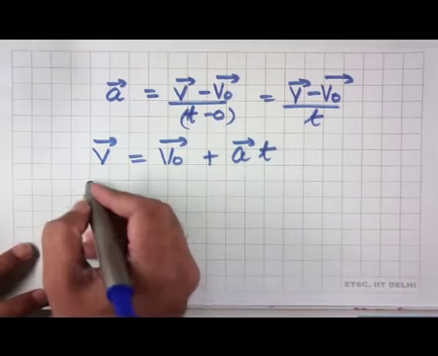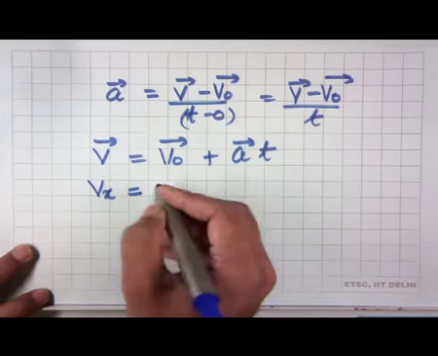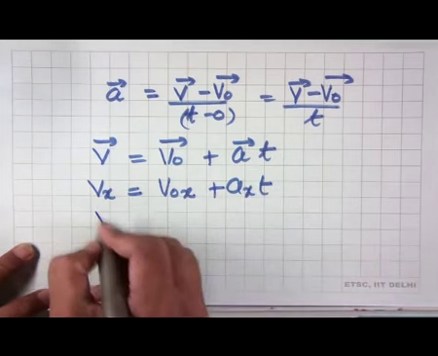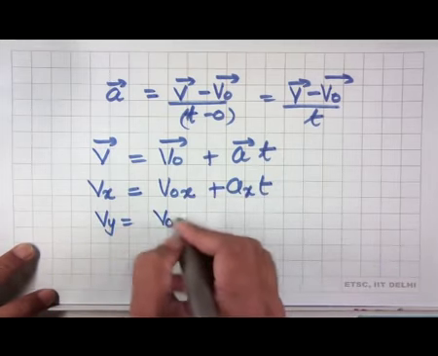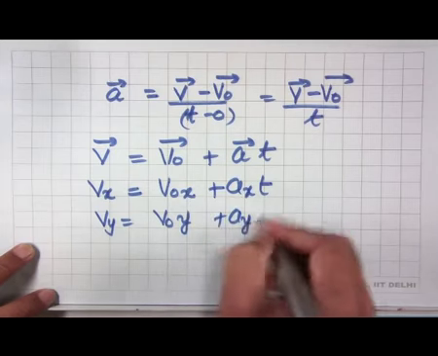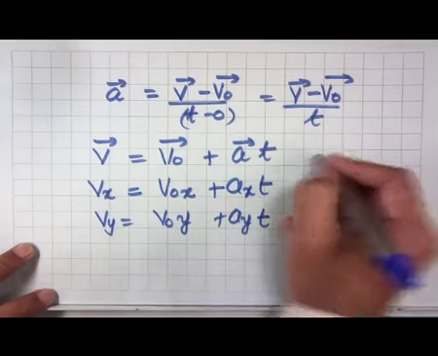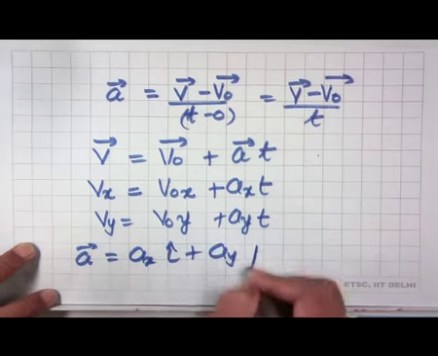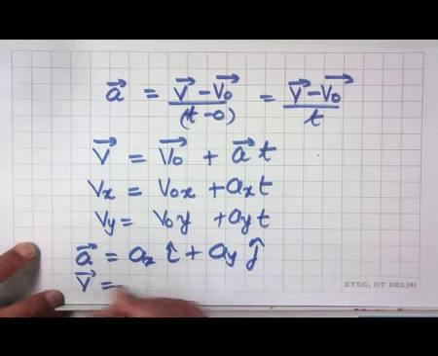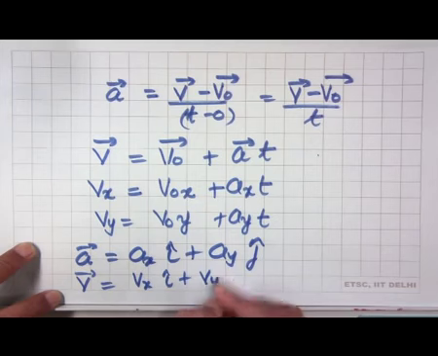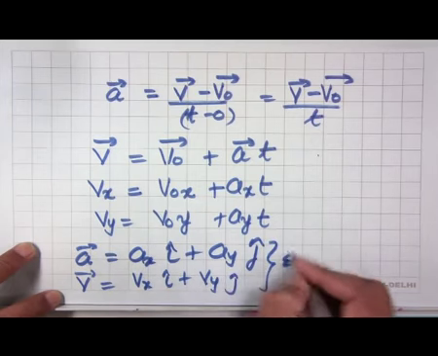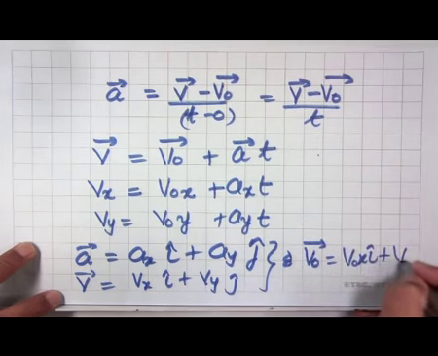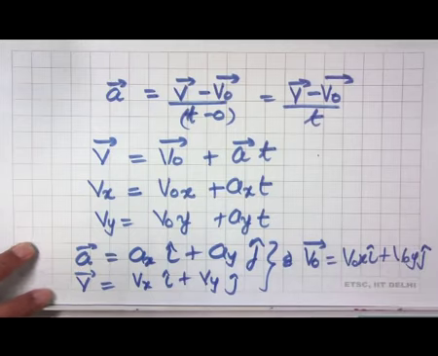And if we write it in the component form, we get our usual equations. Vx is equal to v0x plus ax times t, and Vy is equal to v0y plus ay t, where the acceleration a is equal to ax i plus ay j, the velocity v is equal to vx i plus vy j, and the initial velocity v0 is equal to v0x i plus v0y j.